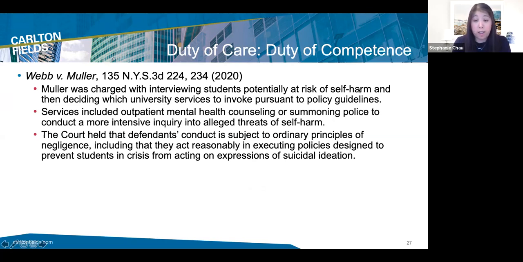The court there held that ordinary principles of negligence applied, basically requiring that the practitioner act reasonably in executing the policies designed to prevent students in crisis from acting on expressions of suicidal ideation.